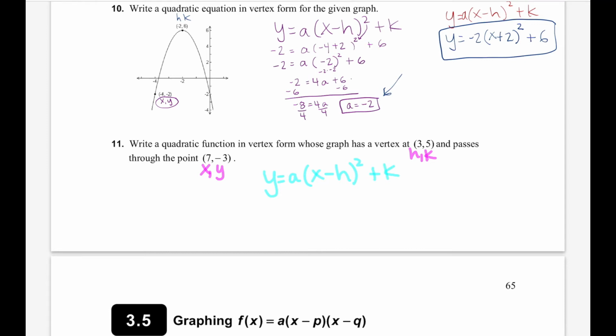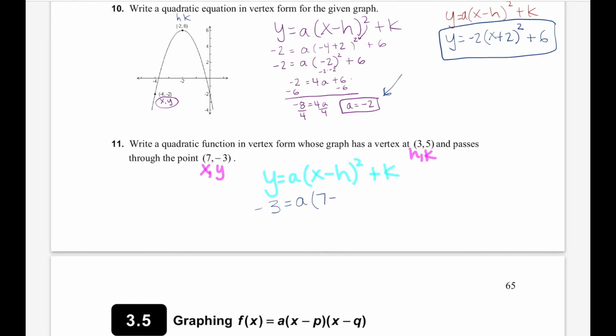I'm going to plug in the numbers, the h, the k, the x, and the y. In for my y, I'm going to put a negative 3. In for my a, I don't have that, so I'm just going to keep my a. In for my x, I'm going to put 7.